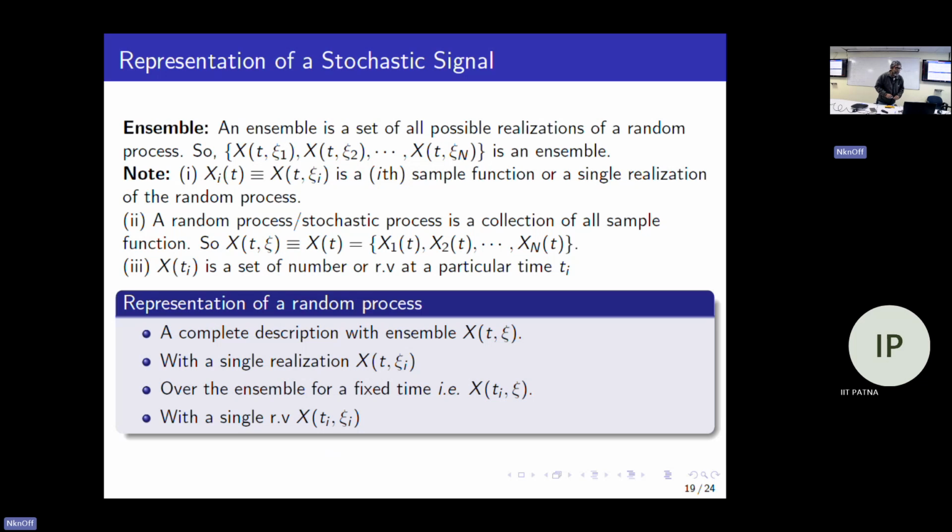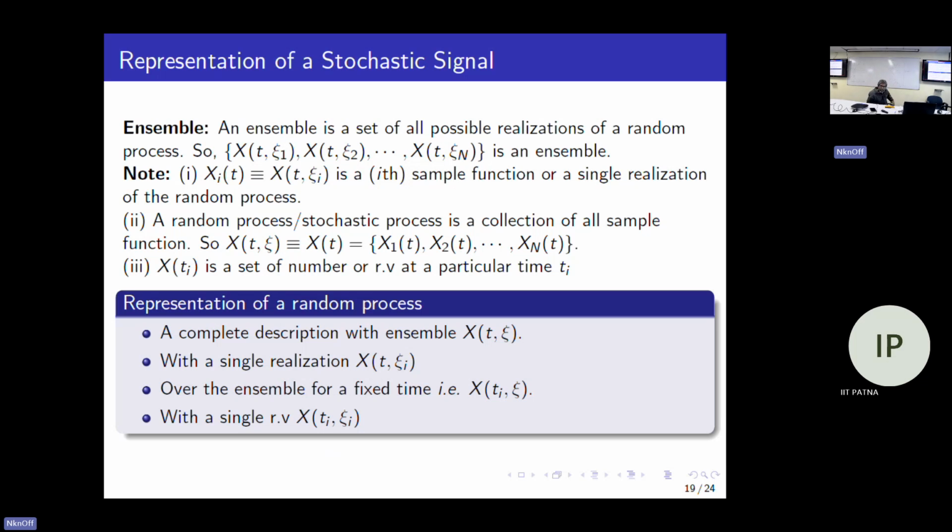Now how can we represent a random process? There are different ways. First, a complete description of the ensemble, meaning all the ensemble. Next, a single realization, x(t, zeta i), only one process. Then over the ensemble for a fixed time, x(ti, zeta), a single random variable.